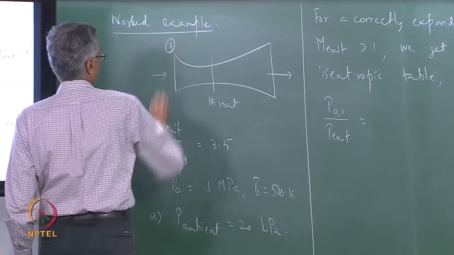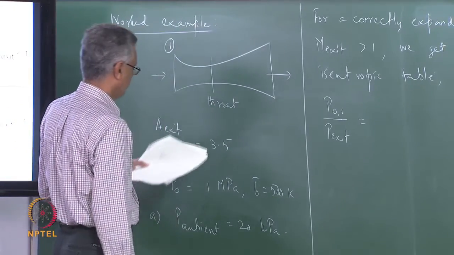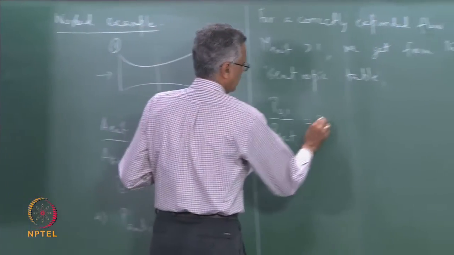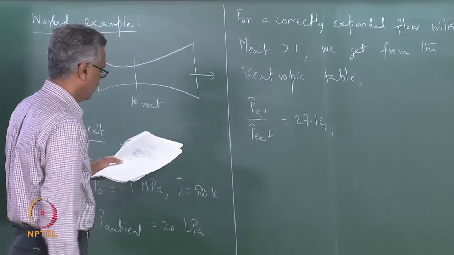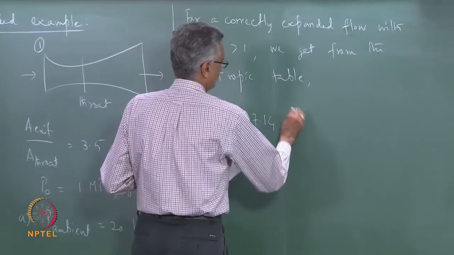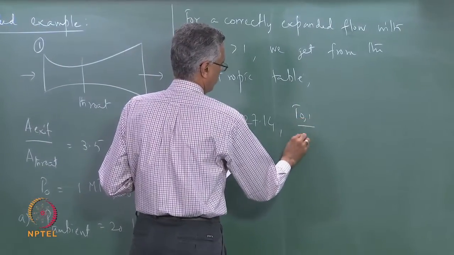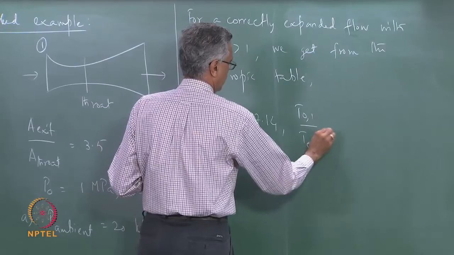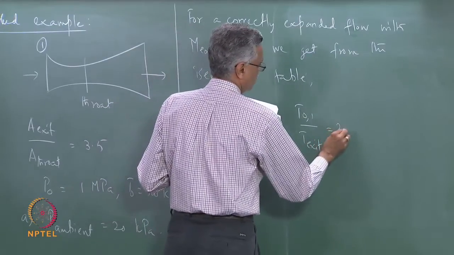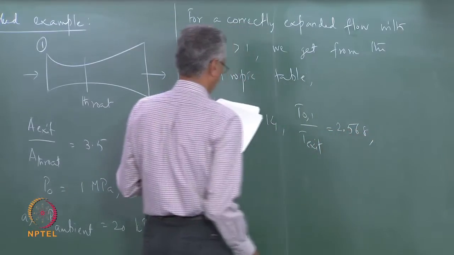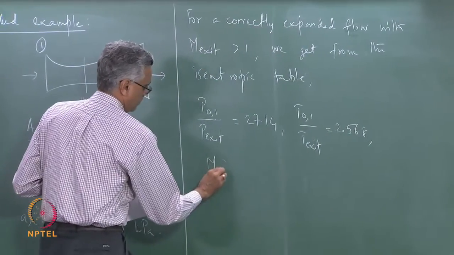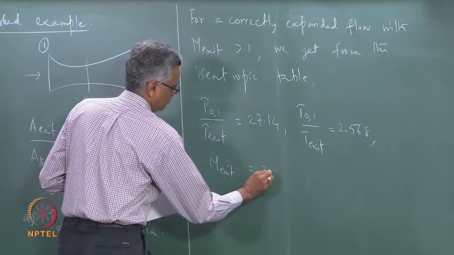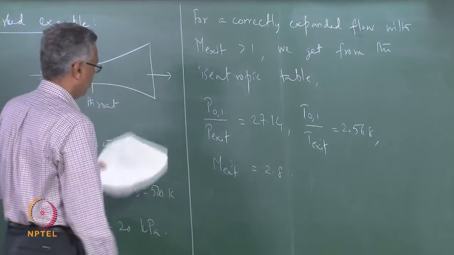So, let me just mark this as 1 to be the inlet state. So, P01 over P exit is 27.14 corresponding to supersonic exit Mach number, and T01 over T exit to be 2.568 and M exit is equal to 2.8.